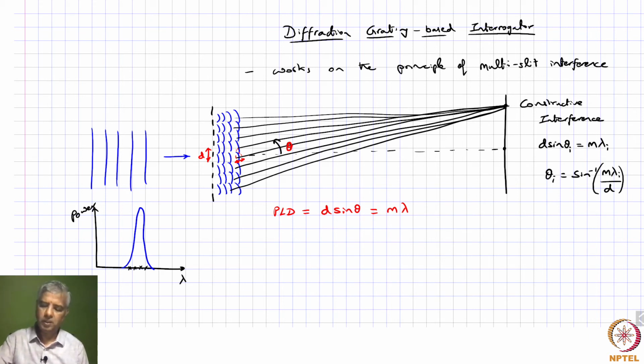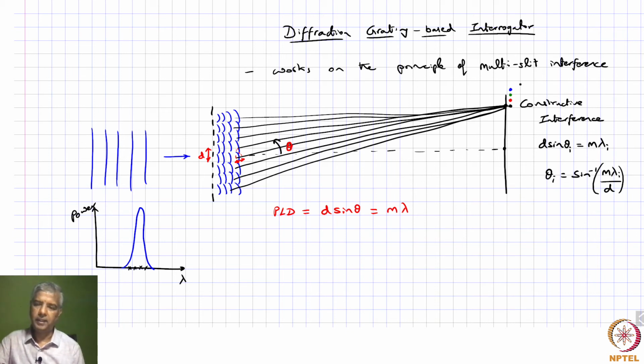So, at this point is one color, at this point it will be some other color, and at this point some other color. All the different colors will undergo constructive interference at slightly different points along this axis.